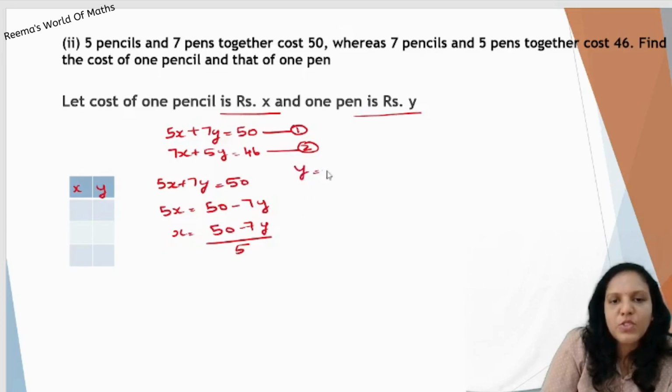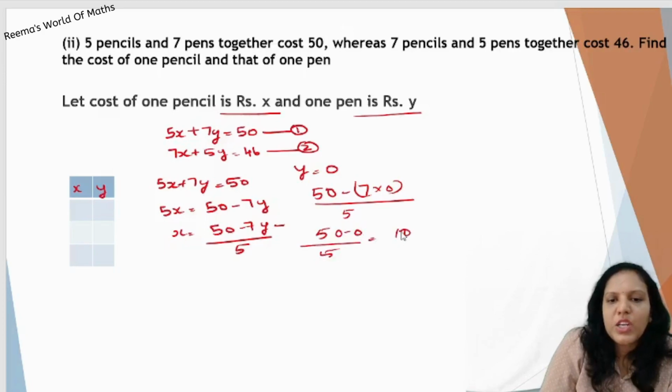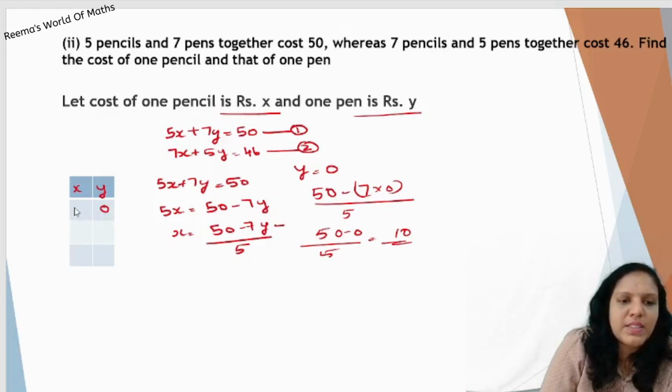Replacing y in this equation, we get 50 minus 7 multiplied by 0, divided by 5, which is 50 minus 0 by 5, which is 10. So the value of x is 10. When y is 0, the value of x is 10.